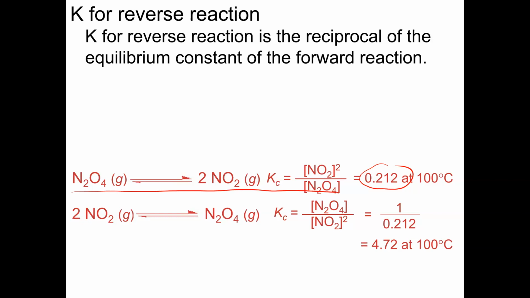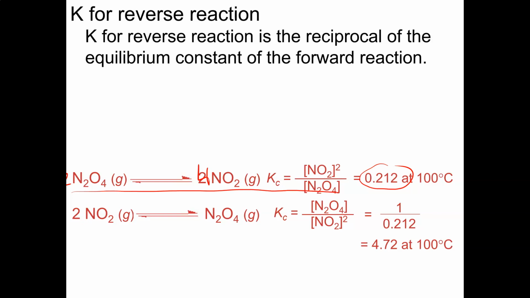What if I double the chemicals? Let's say instead of having 1 and 2, what if I do 2 and 4? Well, I double the quantities, right? You multiply both by 2. So what do you do to your K? You raise it to that power. What if I halve the chemicals? Well, what's K raised to 1/2? Because that's what you did, right?